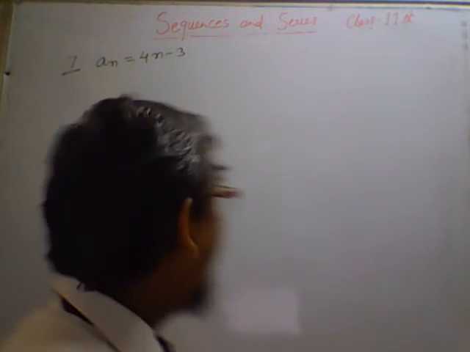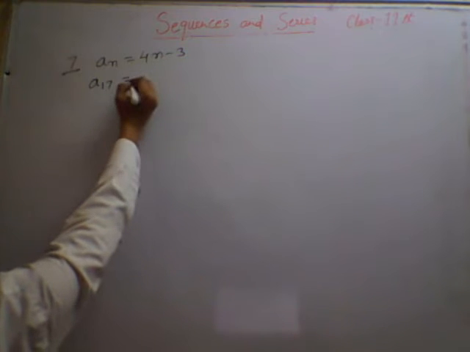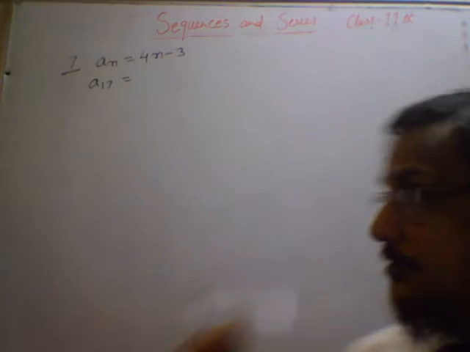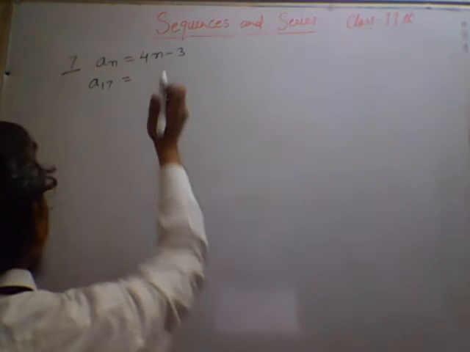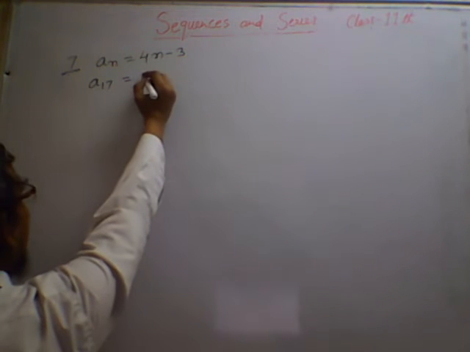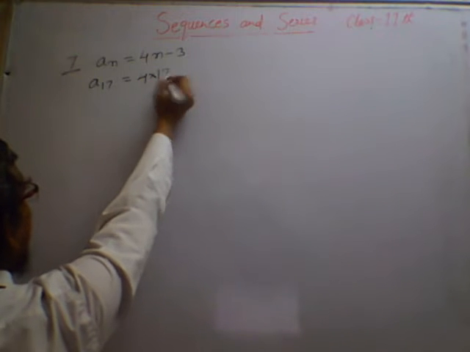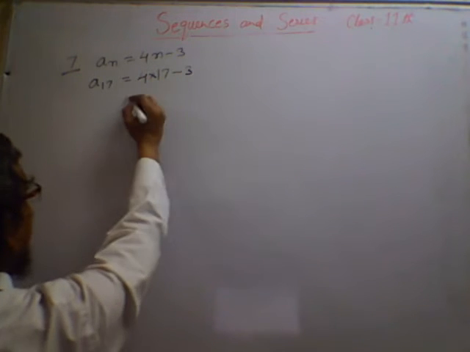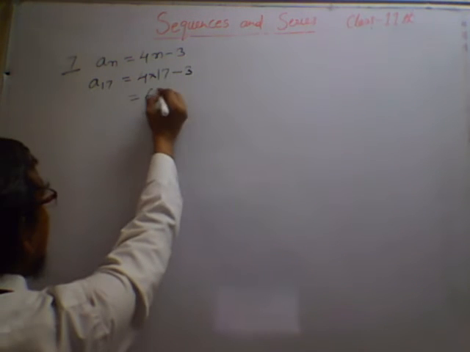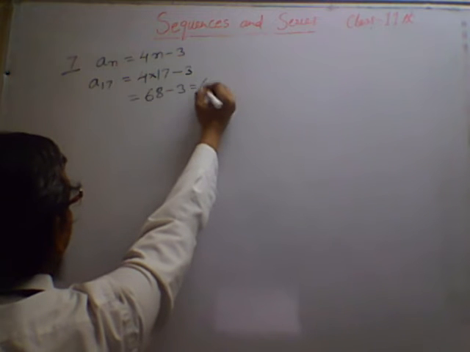First of all, we will find A17. We put 17 in place of n. So 4 multiplied by 17 minus 3. 4 times 17 is 68. 68 minus 3 equals 65.